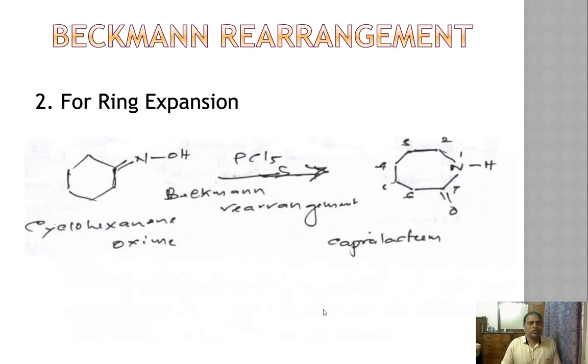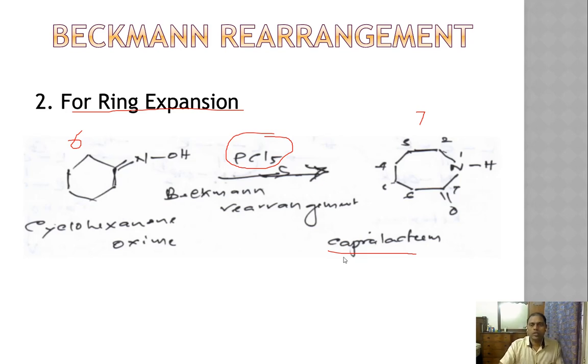The next use is in the preparation of caprolactam. Here you can use this reaction for ring expansion. Here you have a 6-membered ring, and that is going to get converted to a 7-membered ring using a Beckmann rearrangement reaction. Here you are using phosphorus pentachloride.